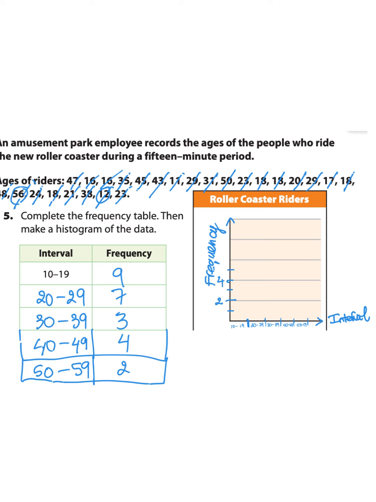So 10 to 19, I have 9, which is the people like you guys that like to ride roller coasters. 20 to 29, 7 of them. 30 to 39, there are 3 of them. 40 to 49, 4 of them. And 50 to 59 is 2 of them.